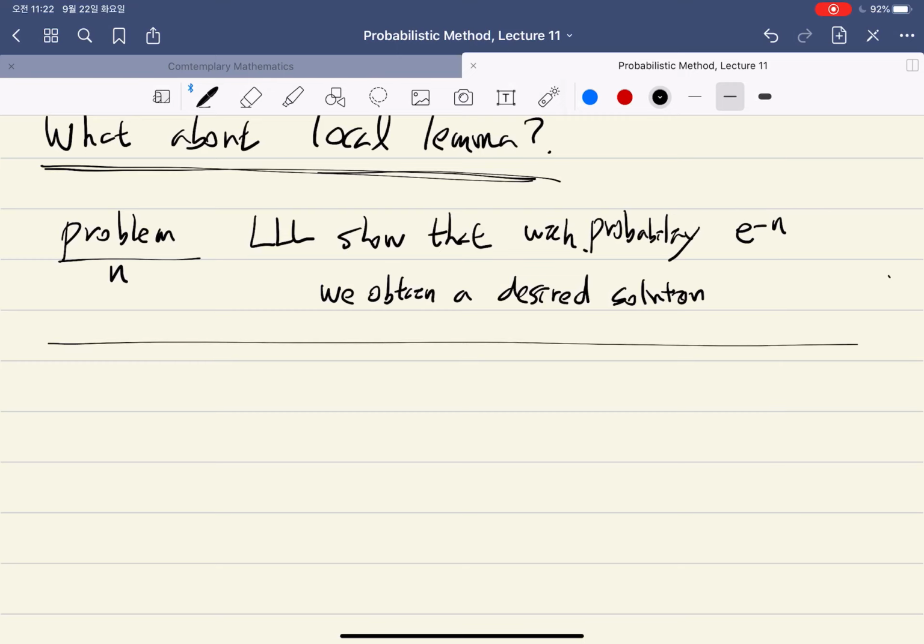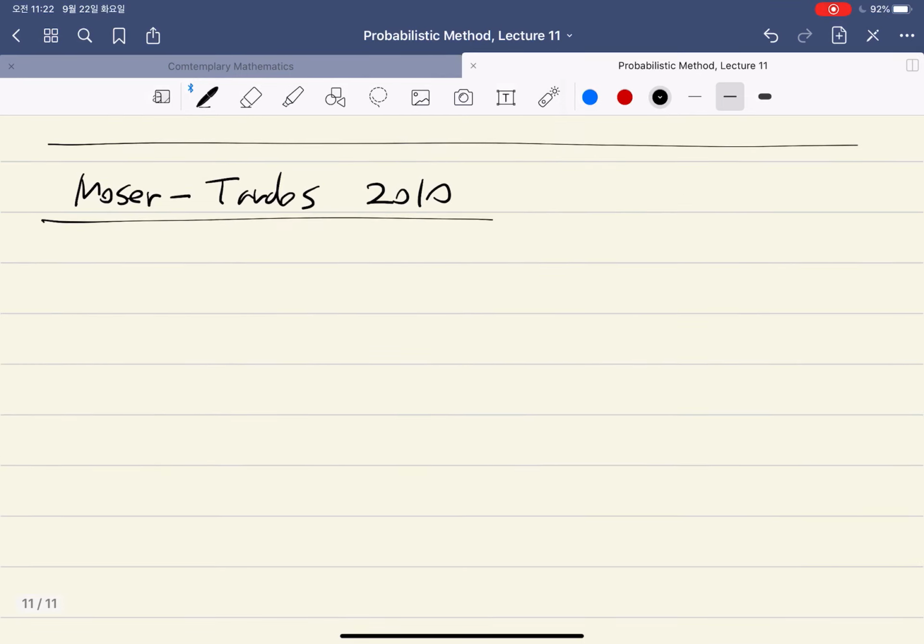But in 2009, Moser, and later in 2010, Moser and Tardos together, found a simple randomized algorithm which can be applied to most of the applications of the local lemma. So to learn about that, let's consider this setup.